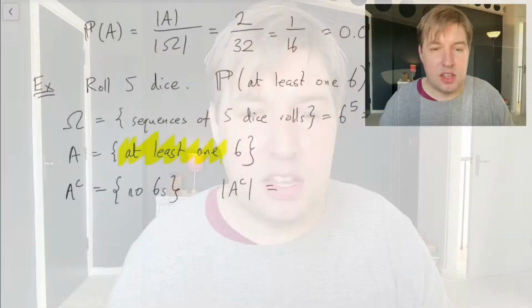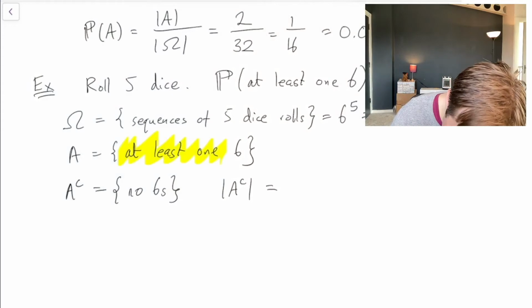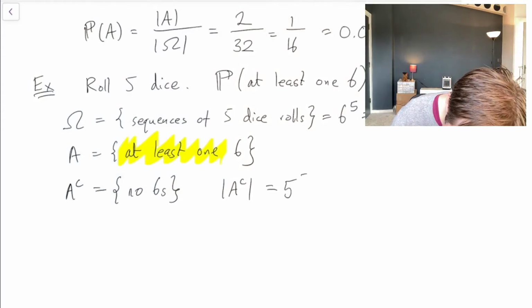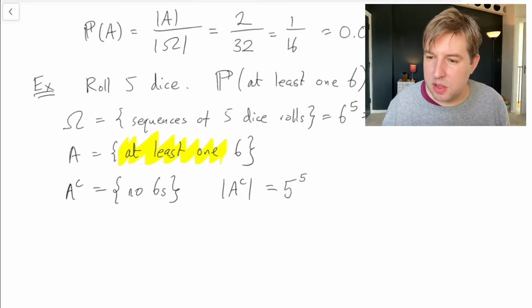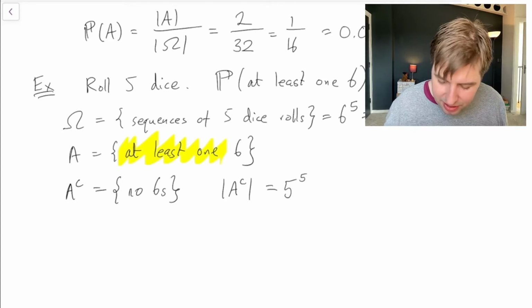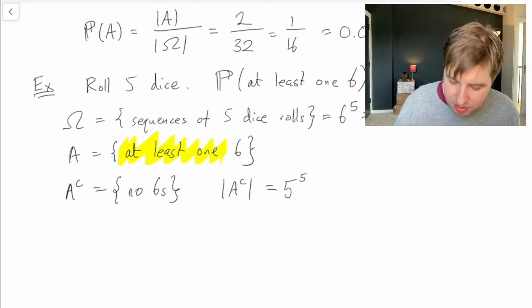So in fact now, if we're going to avoid getting any 6s, we've only got 5 choices for each of our 5 dice. So this now is 5 to the 5, because there are 5 dice and we've got 5 choices for each of them. And I didn't calculate this earlier, some big number.